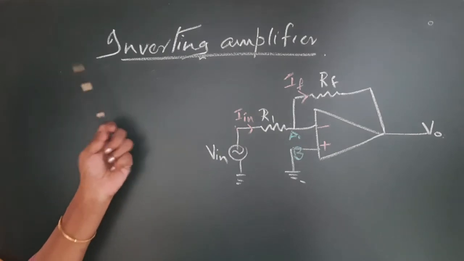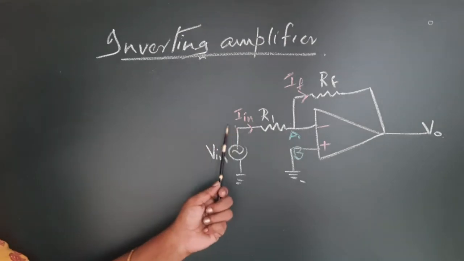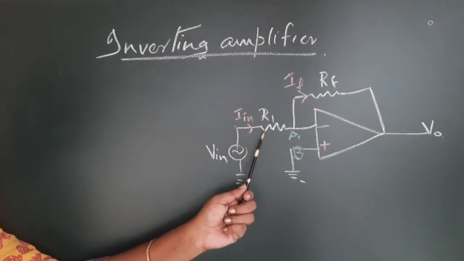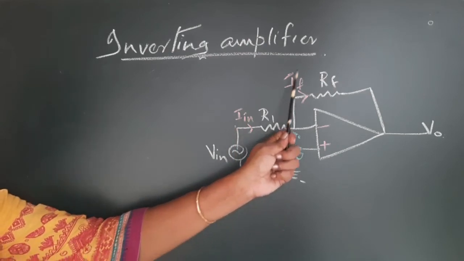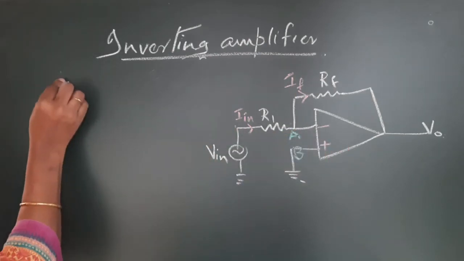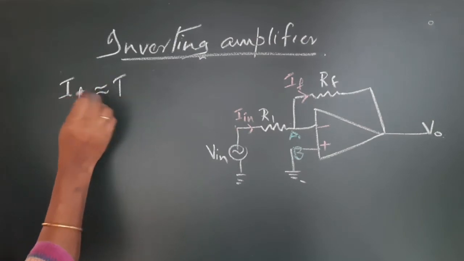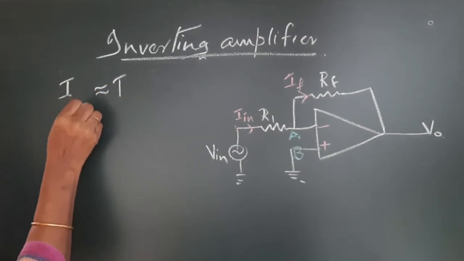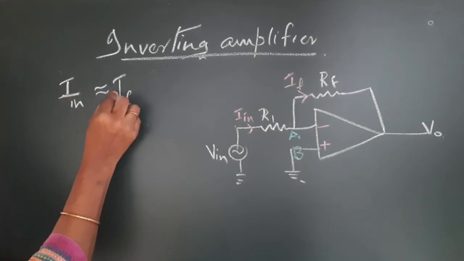Now, let us understand this inverting amplifier in detail. How can I write this current I in? We have understood that I in is equal to IF. This is the basic principle behind all the operations of the op-amp. I in is almost equal to IF.